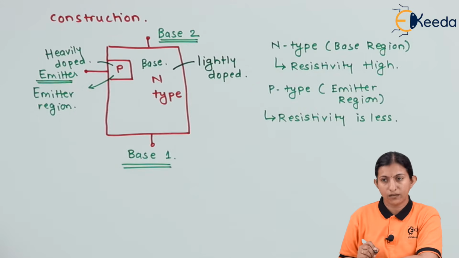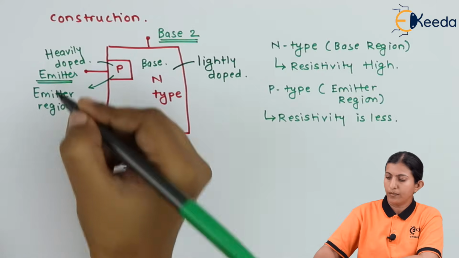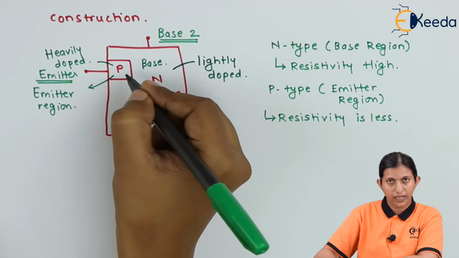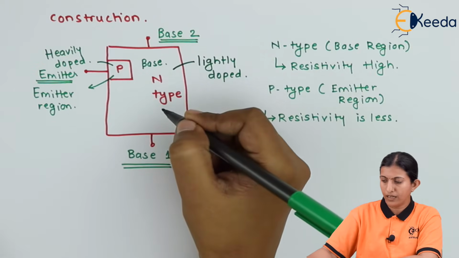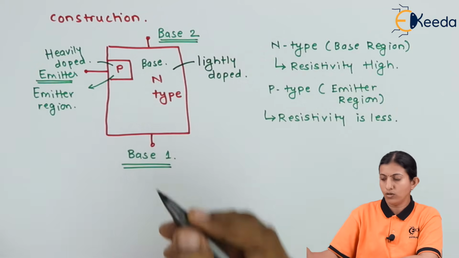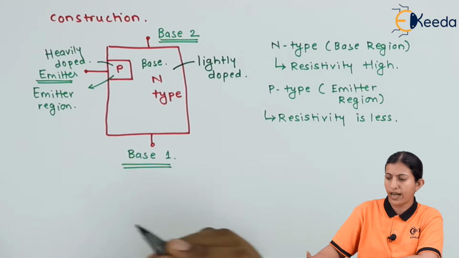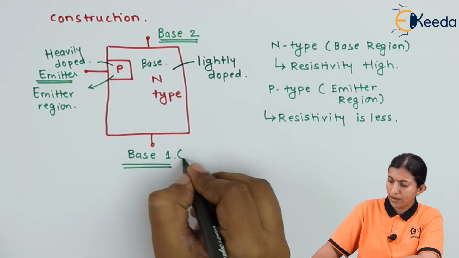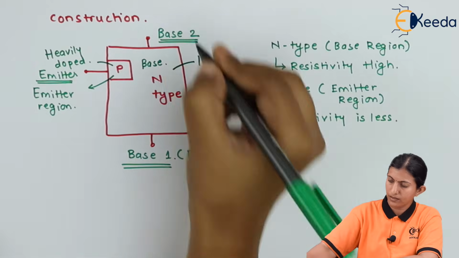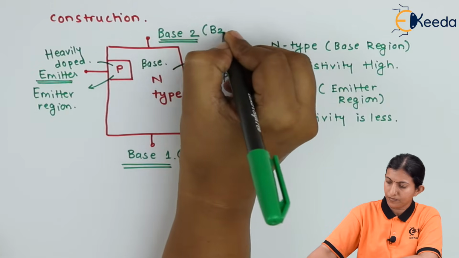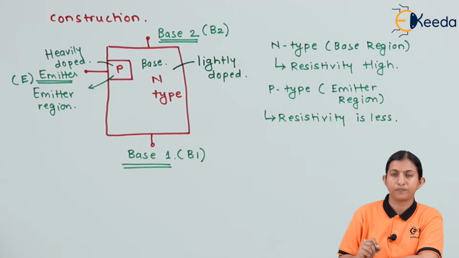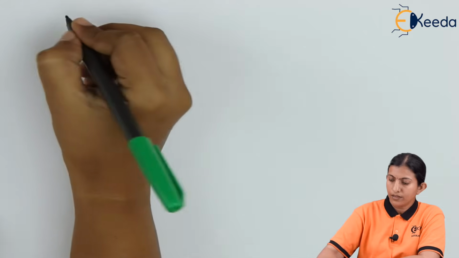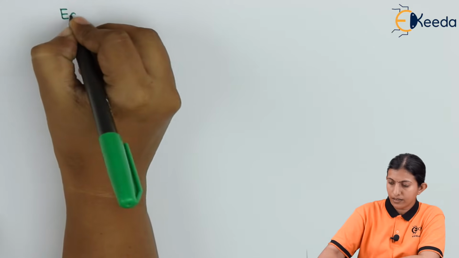So these are the three terminals of the UJT: emitter, which is taken from the P-type material, and from the base, that is the N-type material, two terminals are taken out, which are termed base 1 and base 2. So they can be abbreviated as B1, B2 and E.